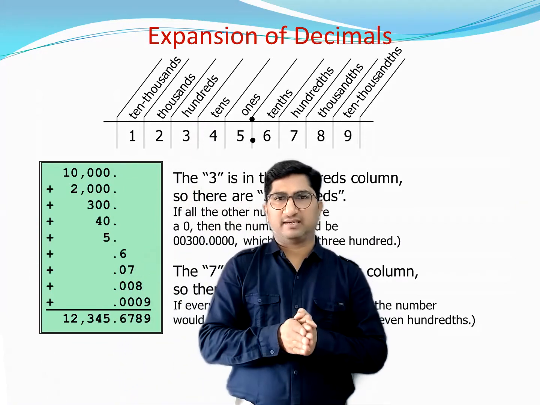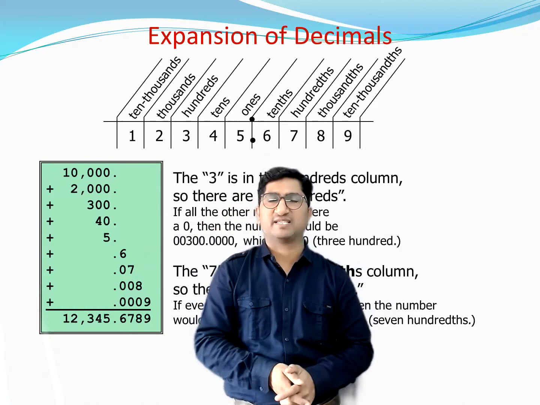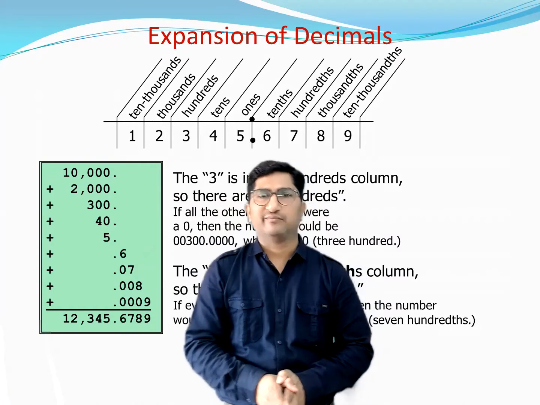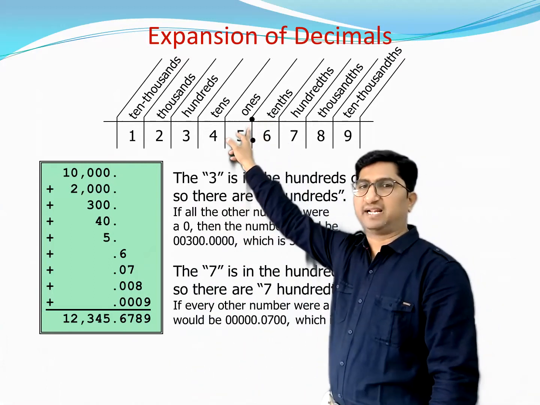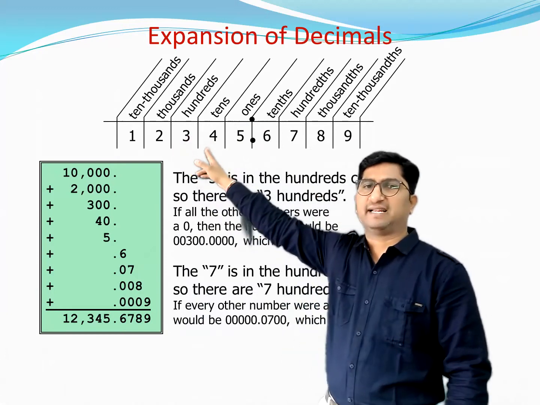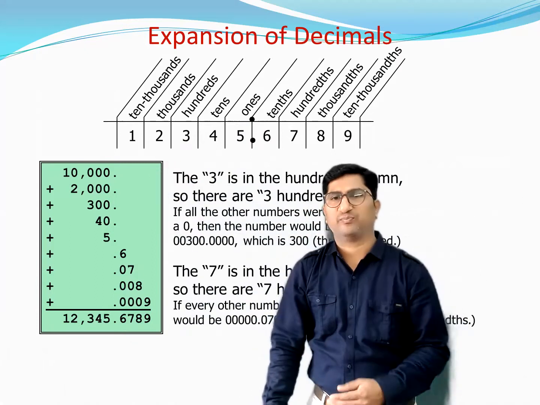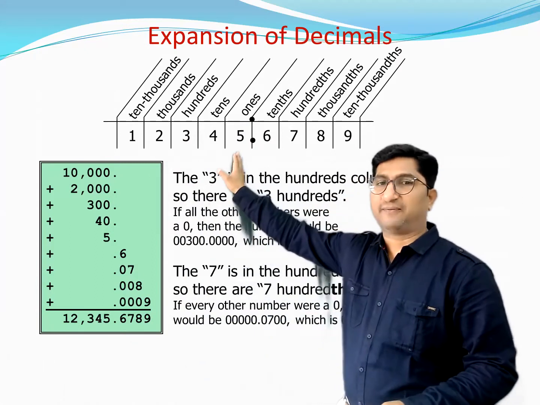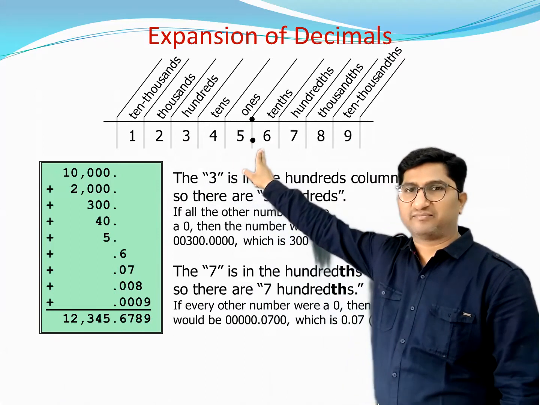If you see the place value chart for the expansion of decimals, you can clearly see the decimal point given here. Before the decimal point are the normal numbers: ones, tens, hundreds, thousands, ten thousands and so on. But after the decimal point the places are in another format: tenths.